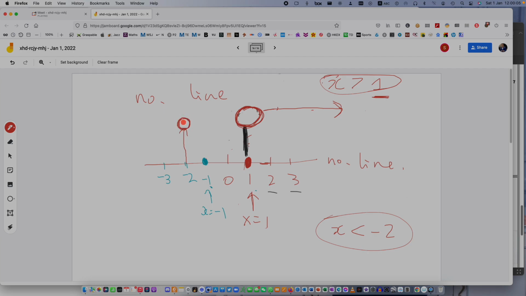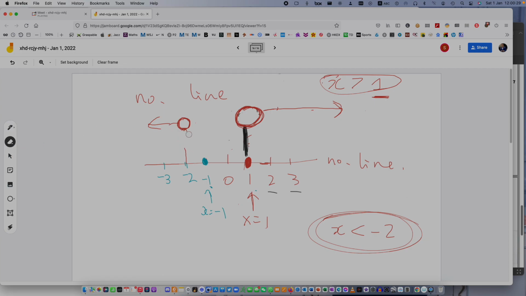Hollow means empty. Smaller, then you need to ask yourself, is it left or right? Left. Yes. So this is the answer. This is how you represent it.